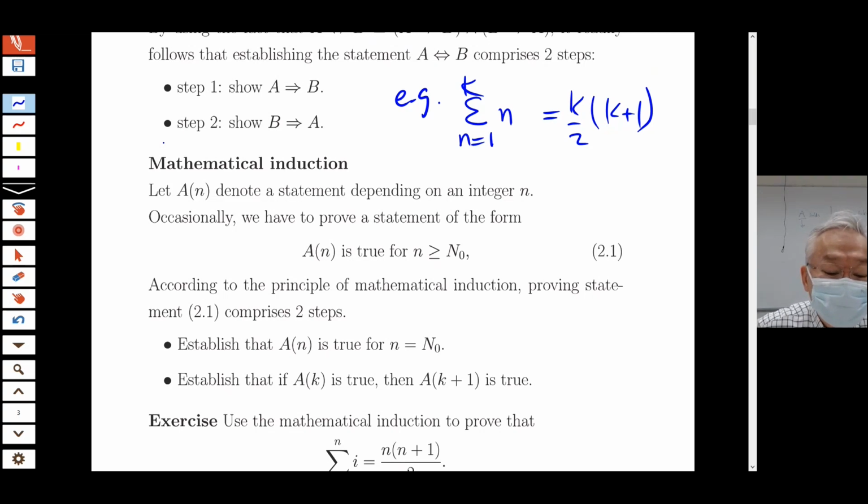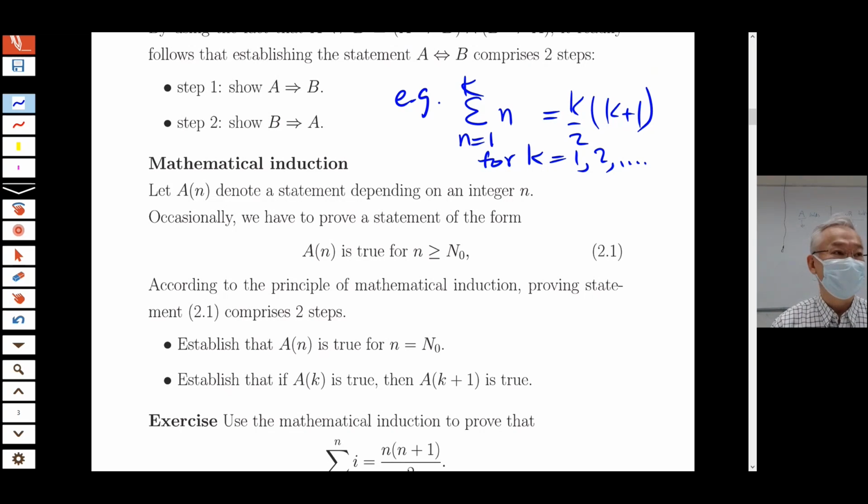Okay, so we prove this. This formula is true for k being 1, 2, 3, and so on. This is the kind of statement we are talking about.